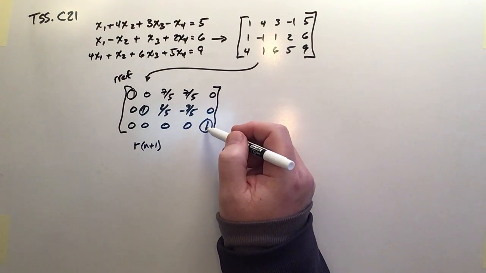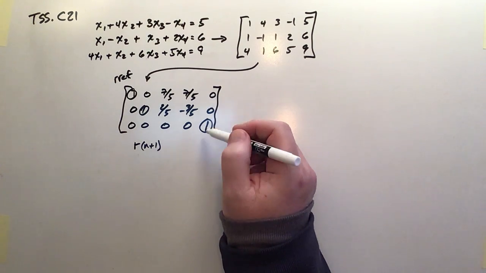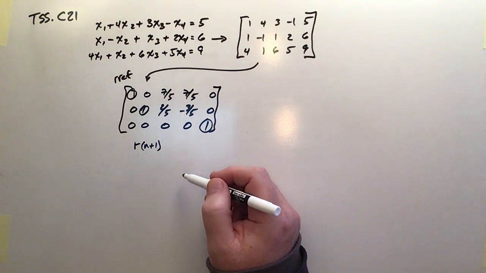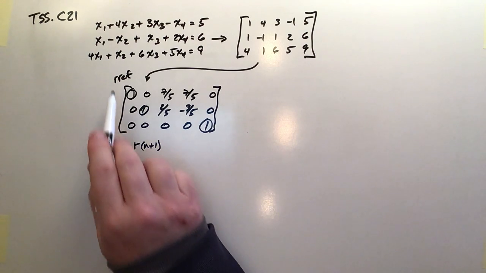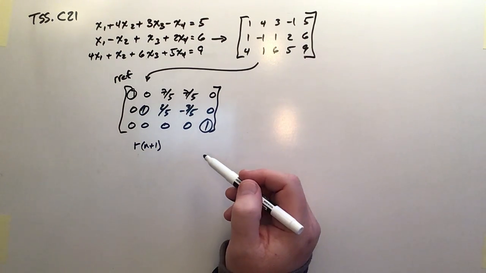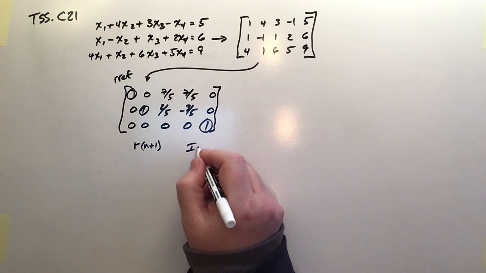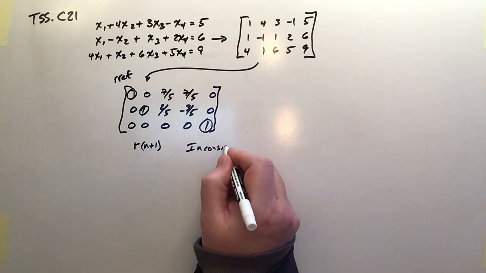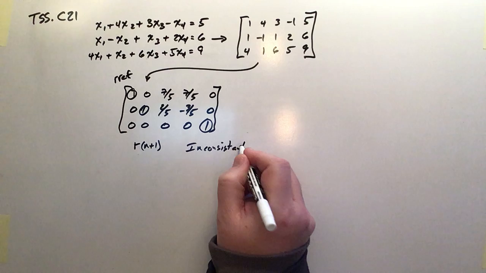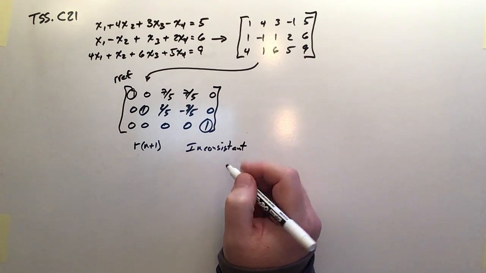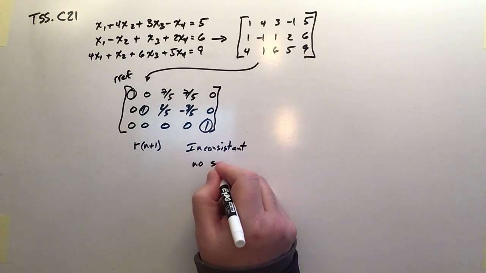Anytime that you have a pivot column in the final column of a matrix in RREF form, it guarantees there's no solution to the system. So they even have a name for this. This is called an inconsistent system, and of course it has no solutions.